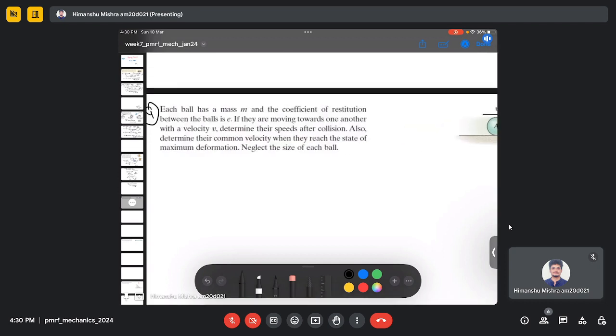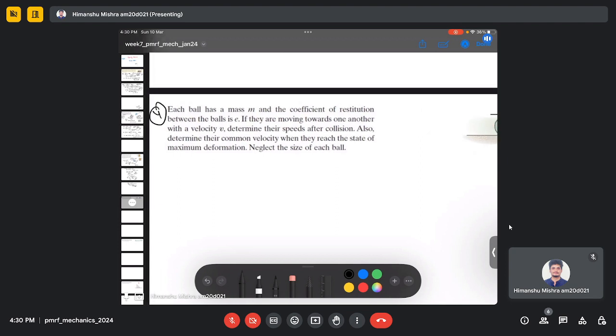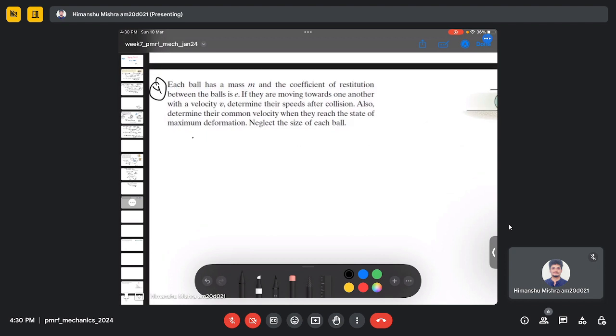So in this question, we need to find the velocity after the impact, and also we need to find the velocity when there is a maximum deformation. So first we will be using the conservation of linear momentum.